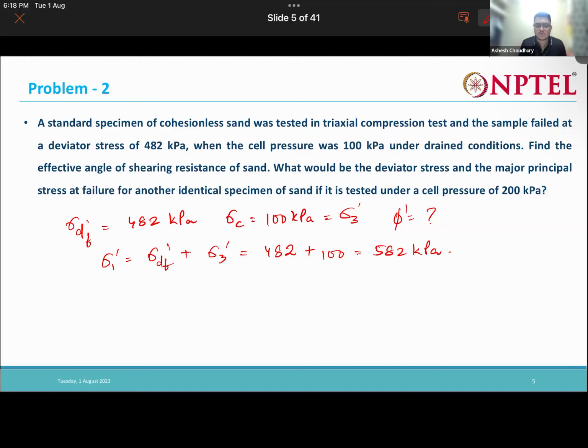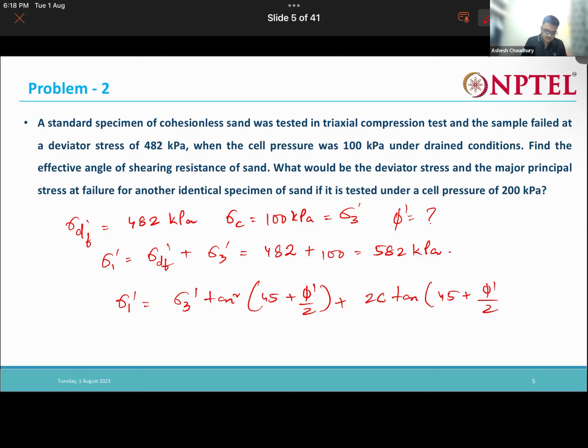So for that, we will be taking help of our basic equation, right? The main equation which we derived from the Mohr-Coulomb theory. It is sigma 1 dash equal to sigma 3 dash tan square (45 plus phi by 2) plus 2c tan (45 plus phi by 2), right?